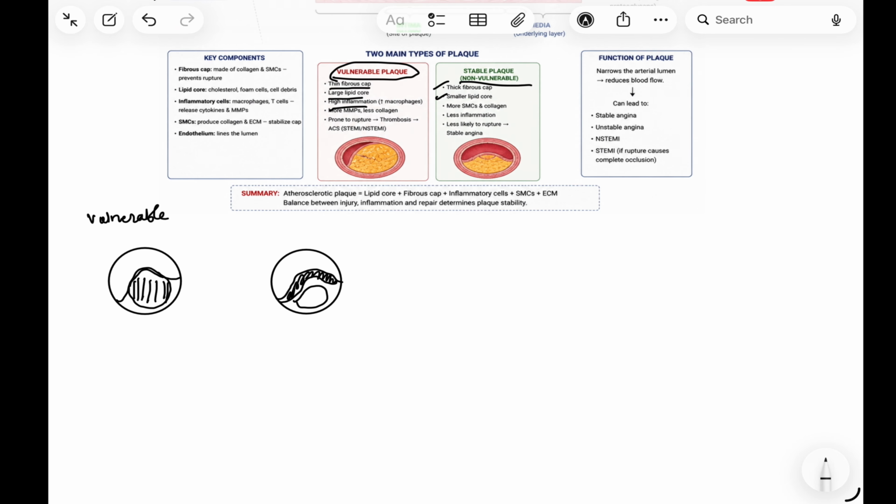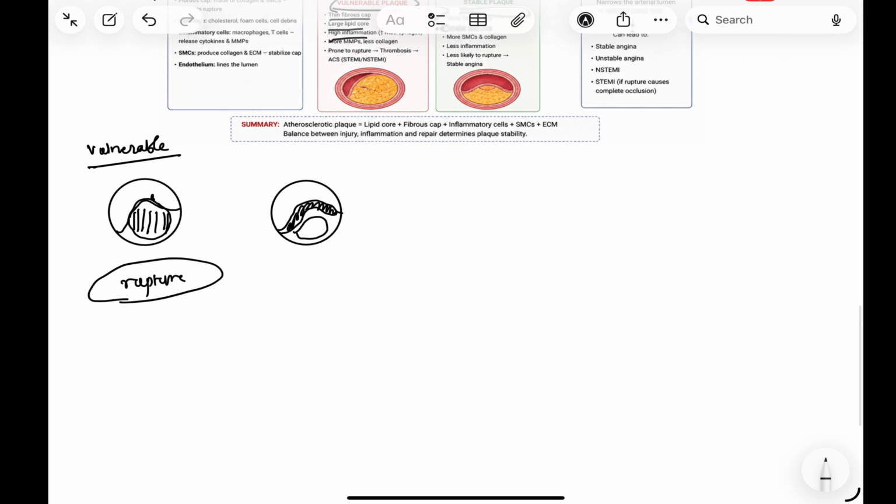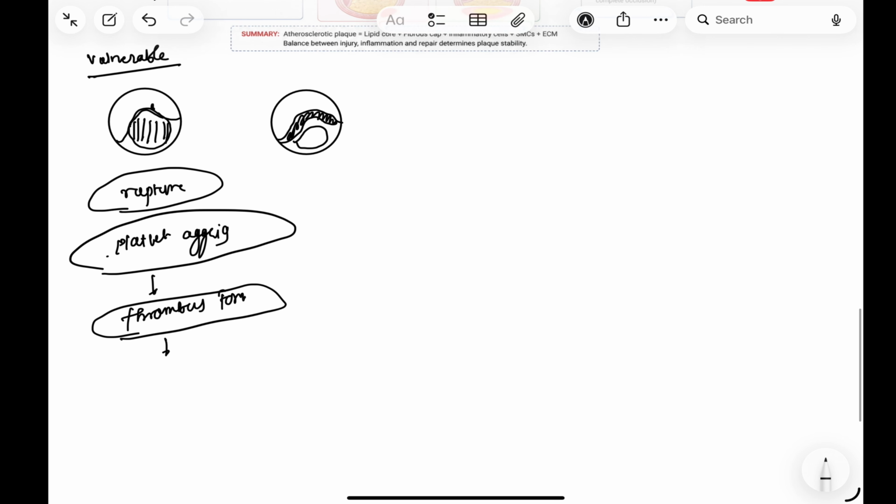Now what happens if this fibrous cap breaks? Vulnerable plaque is more prone to rupture. If there is a rupture, there is a high chance that there will be platelet aggregation, right? Due to this platelet aggregation, there will be thrombus formation, right? And after thrombus formation, there will be obstruction or reduced blood flow to the myocardium, right?